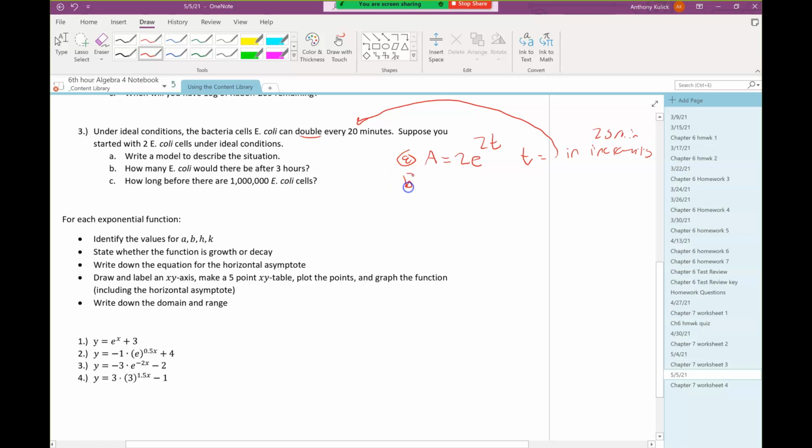So B asks how many would there be after 3 hours, so I have to convert 3 hours into 20-minute segments. So 3 hours is 180 minutes, which is 9 of these 20-minute segments.